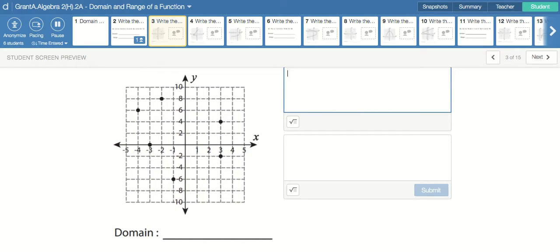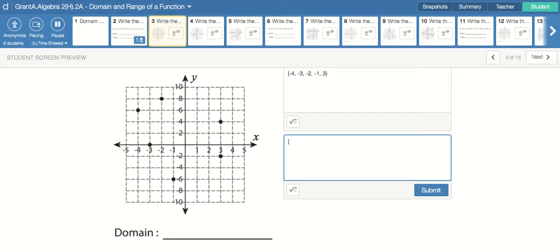So the domain for this graph would have x values of -4, -3, -2, -1. Again, x values, this point has an x value of -1. And also, the domain would include 3, because both of these points actually have an x value of 3.